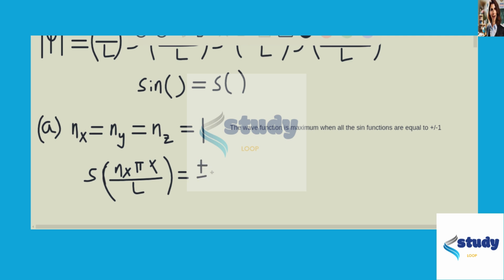Values on the unit circle give plus or minus 1 when we take the sine of those values. Well, it's pi over 2 and all integer multiples of pi over 2.